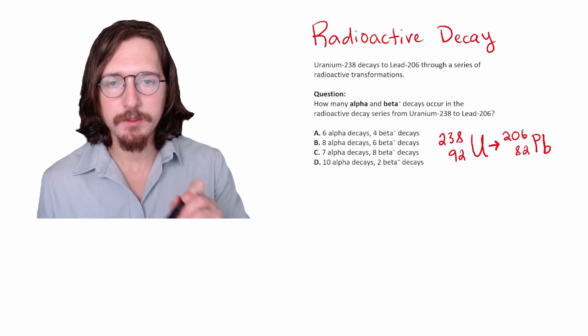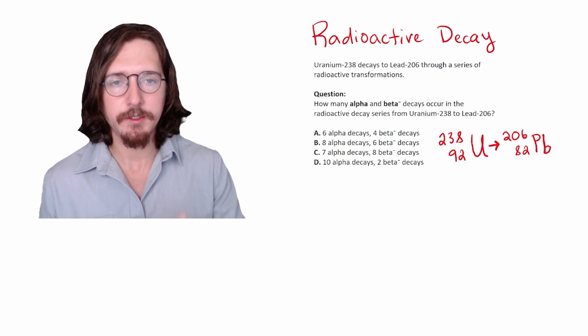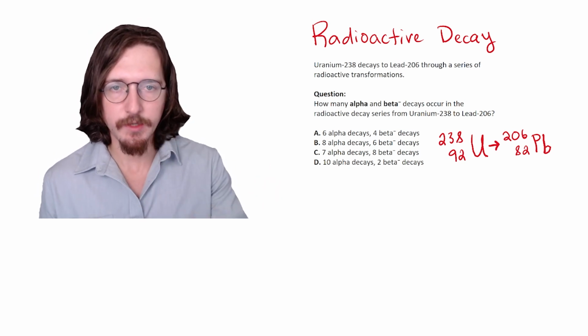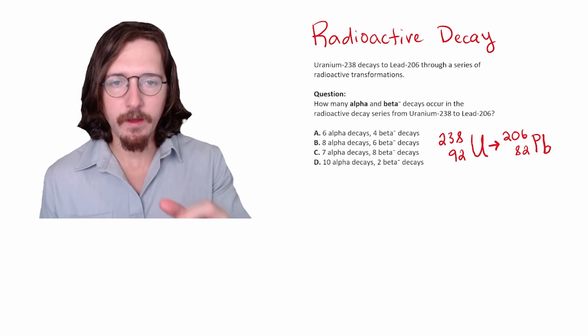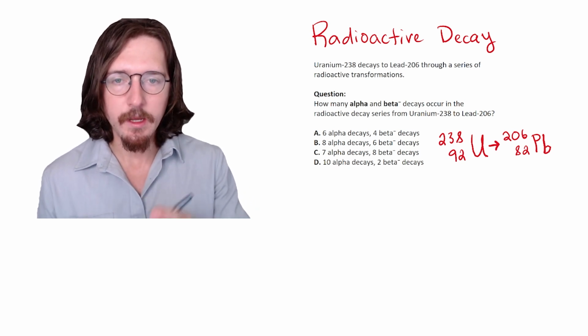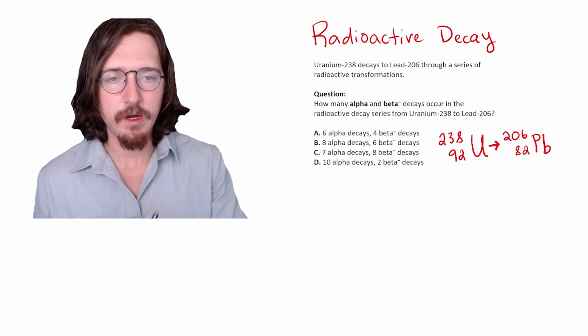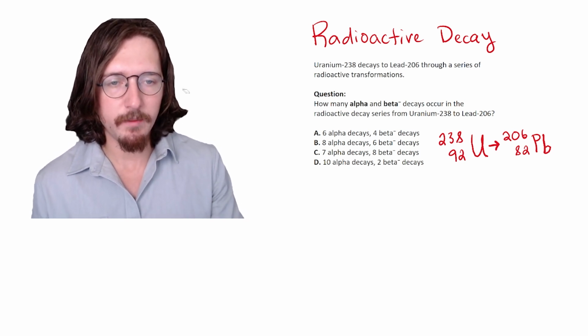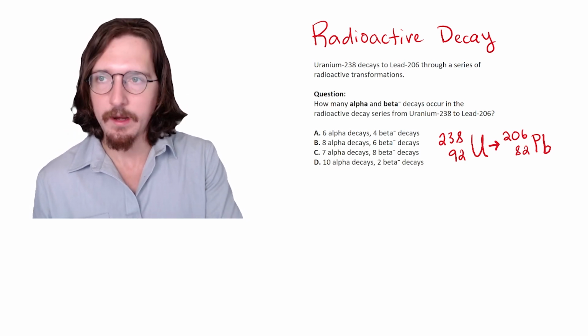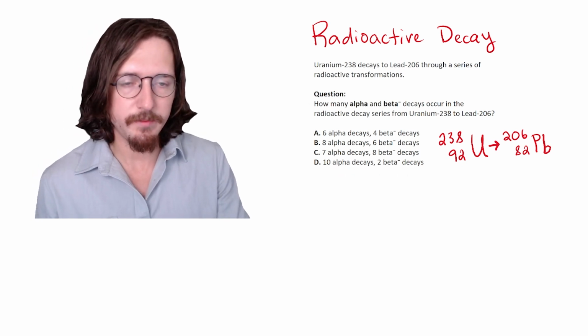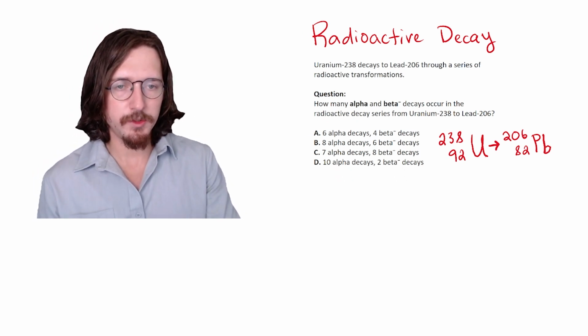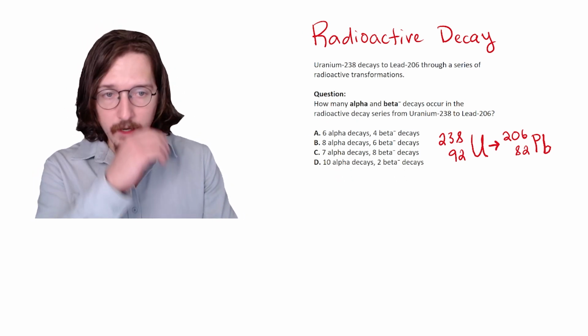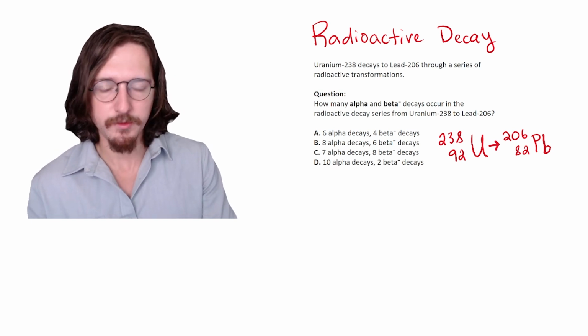So this one says uranium-238 decays to lead-206 through a series of radioactive transformations. How many alpha and beta minus decays occur in the radioactive decay series from uranium-238 to lead-206? And here I've included the atomic symbols for the uranium and the lead, right? And remember, the top number is going to be the mass number, okay, so 238 to 206, and then the bottom number is the atomic number, so from 92 to 82.